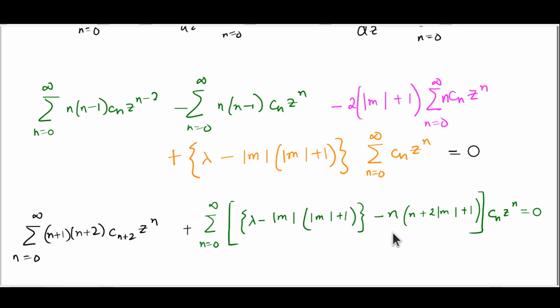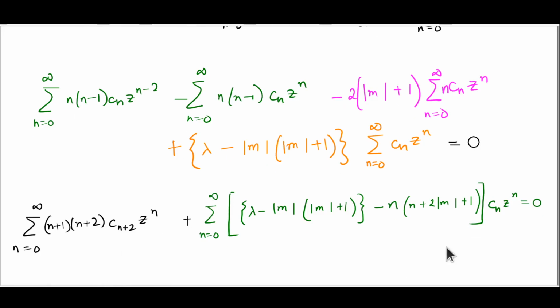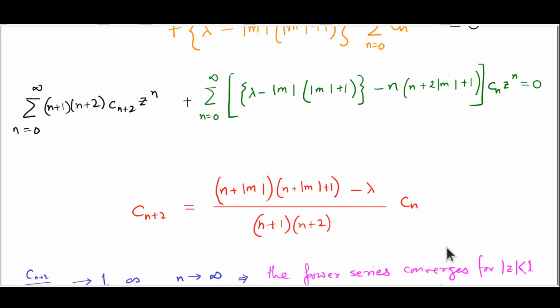So now you have two power series, both running from n equal to 0 to infinity. So we can simply combine them together into one. And this immediately tells us that because we want every coefficient of z to the n to vanish in order to get a 0 on the right hand side, we must have Cn plus 2 obey this particular relation.